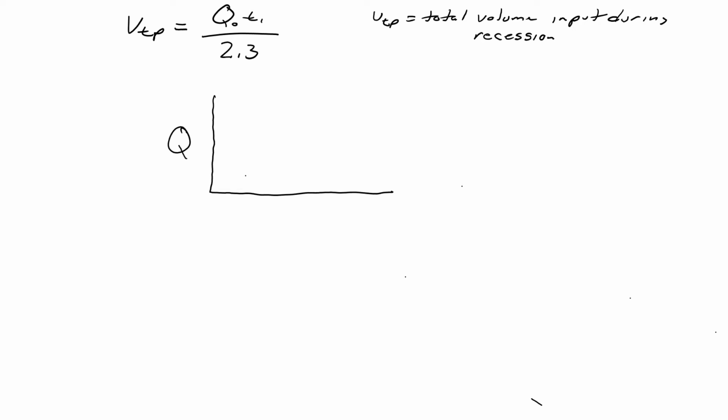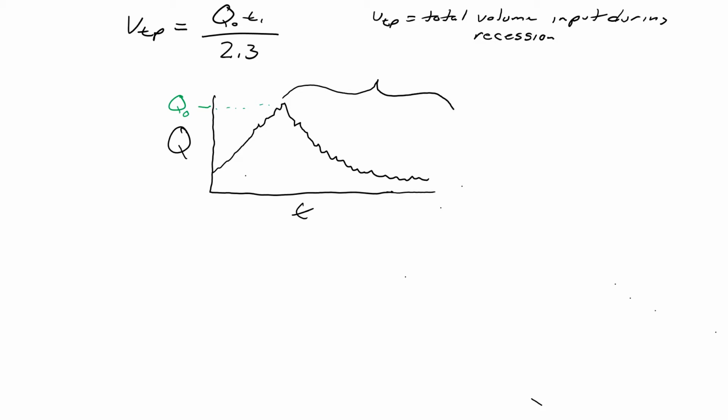So again, let me put this plot up that we had earlier. Here's Q, here's T, here's our hydrograph. Q naught is the flow at the start of the recession.